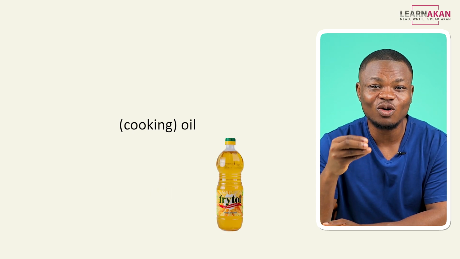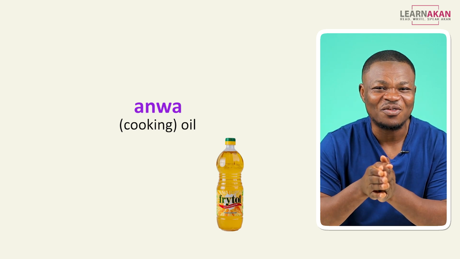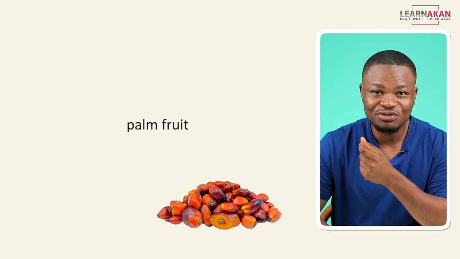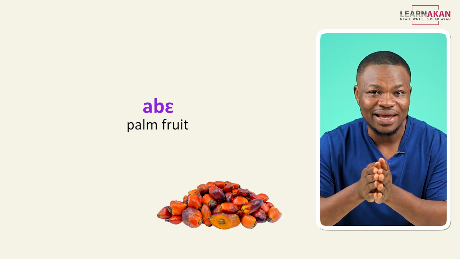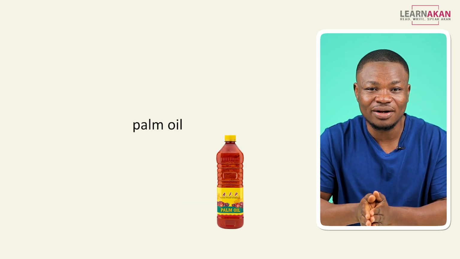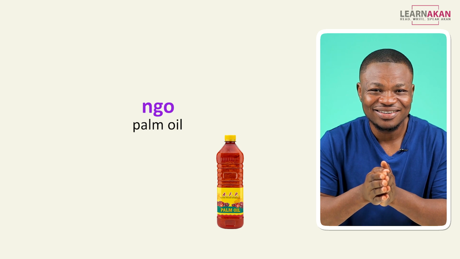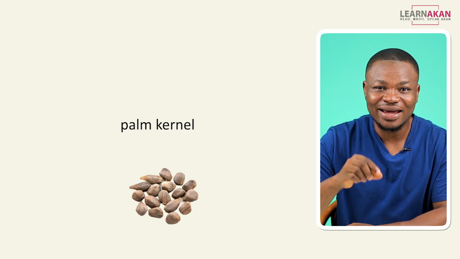Next, we have cooking oil, and that is anwa. Palm fruits is abe. And we have palm oil as ngo, okay? Then we have palm kernel.